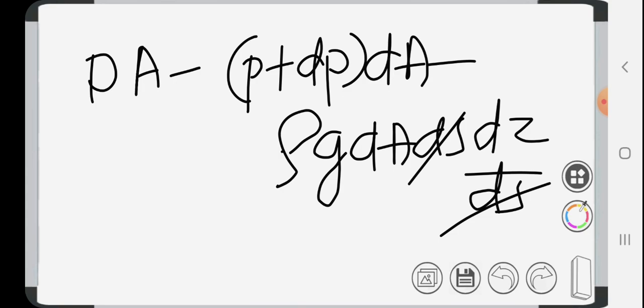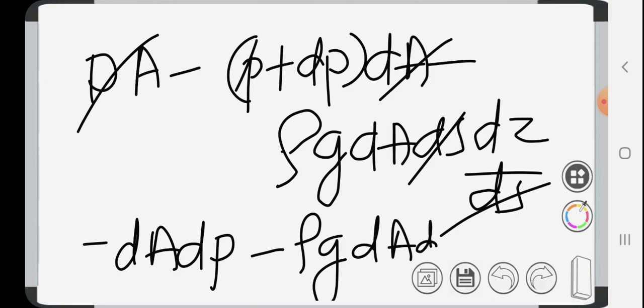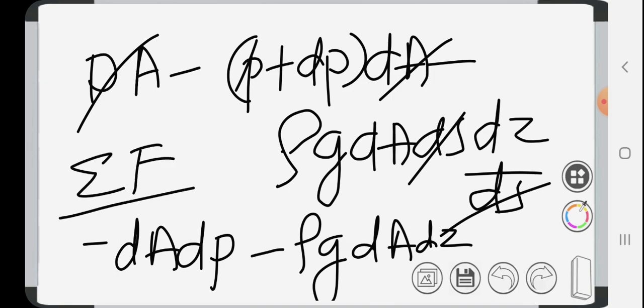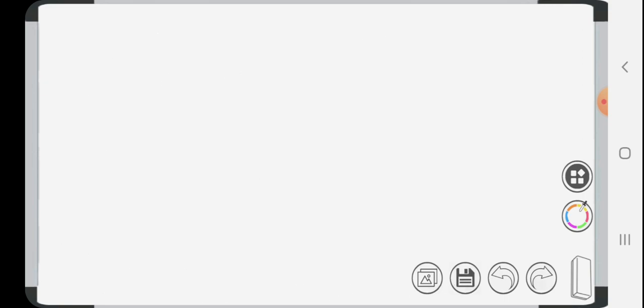Here ds and ds cancel, so this we have already done. So the remaining is minus dA dP minus rho g dA dz. So these are the net force, sigma F. Okay, so you have got the sum of forces.